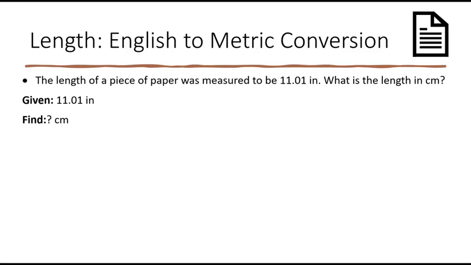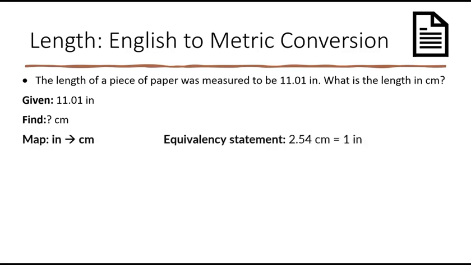Now, in both cases, the given and the find are length units, but one is the English system and one is the metric. So we need to know what the relationship is between inch and centimeter. In this case, there is a direct relationship, and that equivalency statement is that for every 2.54 centimeters, that's 1 inch. We only need one conversion factor.